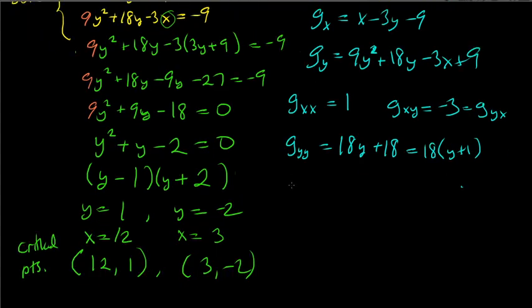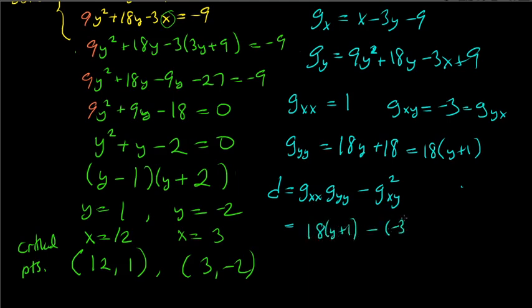All right, so before we take the second partial derivatives, we need d. And d, remember, was, oops, sorry, not f anymore, but g. So gxx times gyy minus gxy squared. And so we get 1 times 18 times y plus 1 minus negative 3 squared.